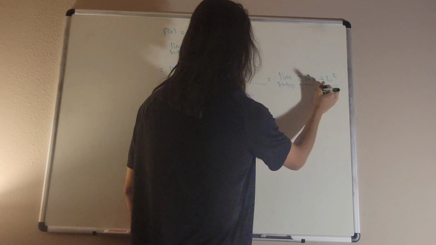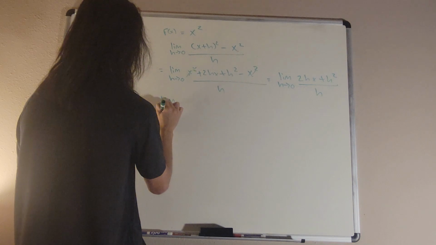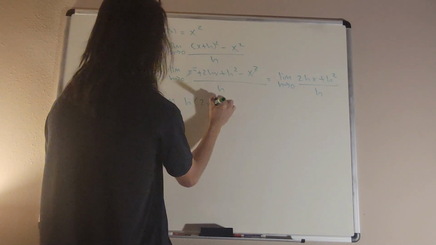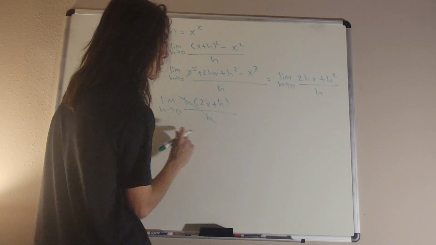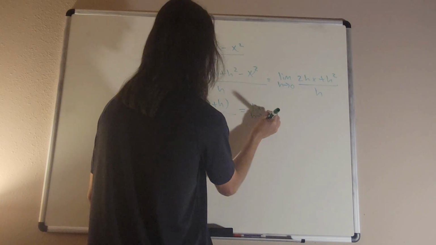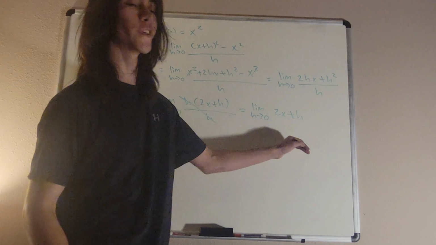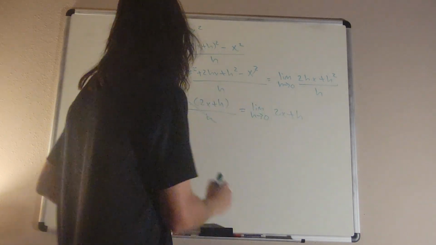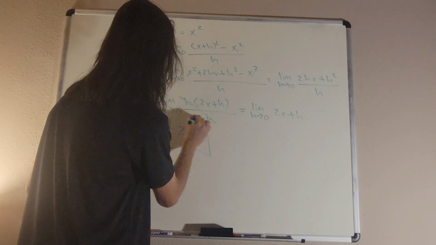And I think you can see where this is going now. We factor out an h. This becomes 2x plus h over h. These cancel out. That leaves us with the limit as h approaches 0 of 2x plus h. And now this is really easy. All you do is direct substitution, you plug in 0 for h, and you get 2x is the derivative of x squared.